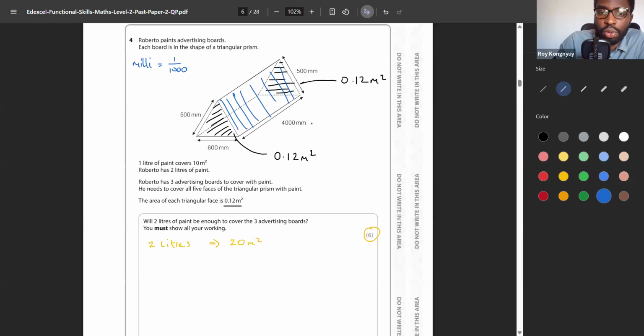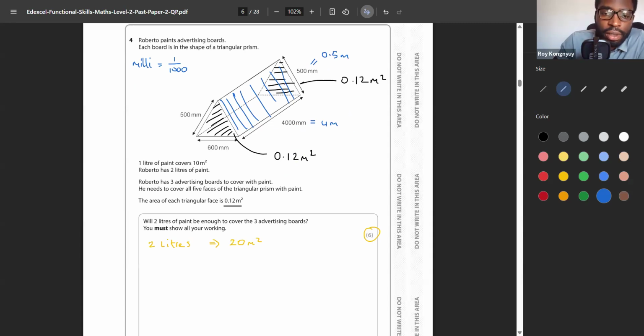So 4,000 millimeters is 4 meters. 500 millimeters is half a meter. Just divide by 1,000. Now we have 4 by 0.5.